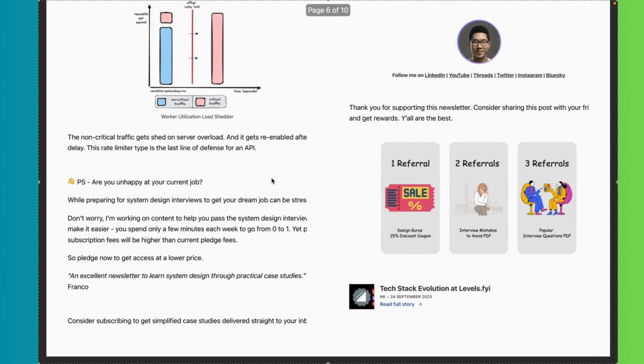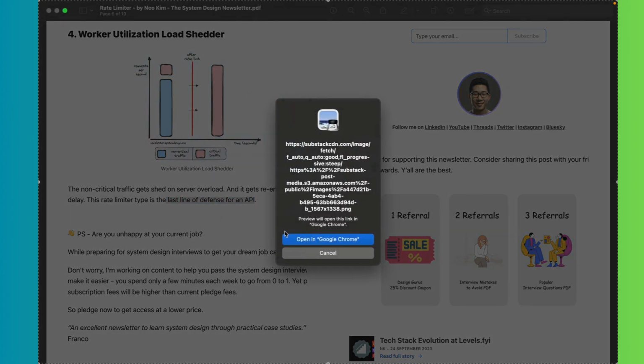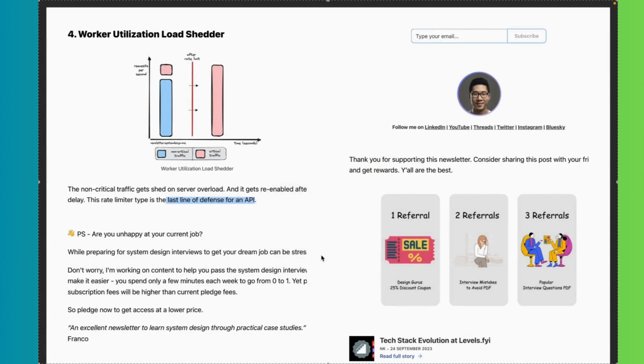The last one is the worker utilization load shedder. This is the last line of defense, as it says, and in this case all the non-critical traffic gets shed and the system is only serving highly critical traffic. So that's about it. Thank you.